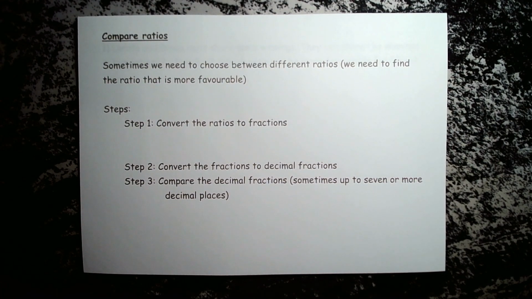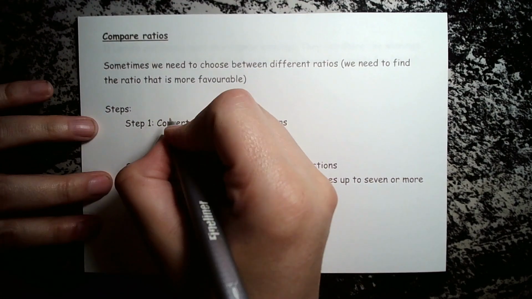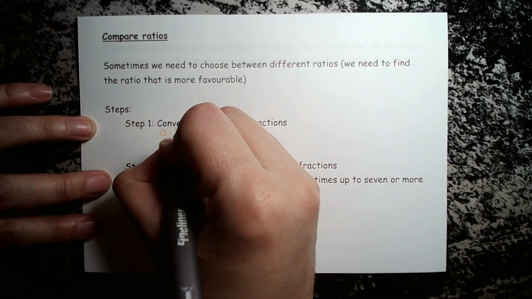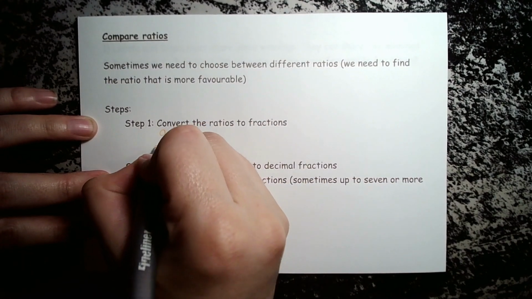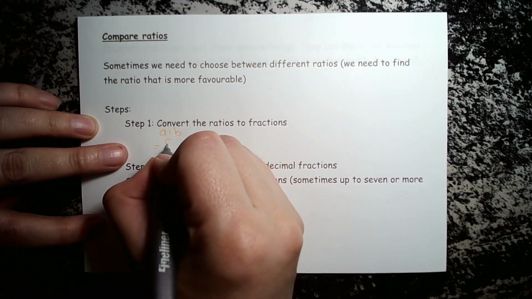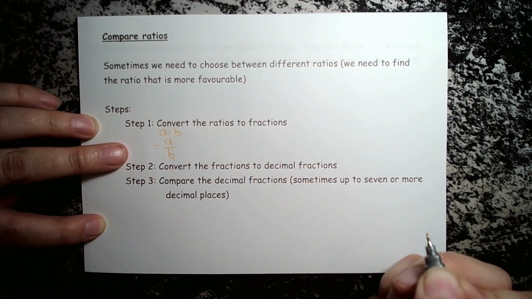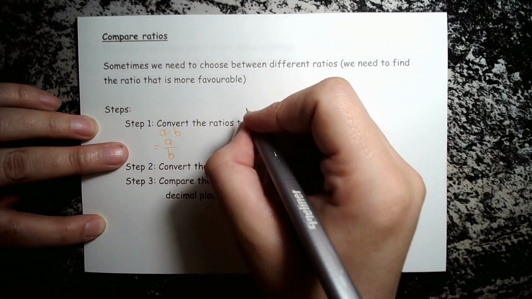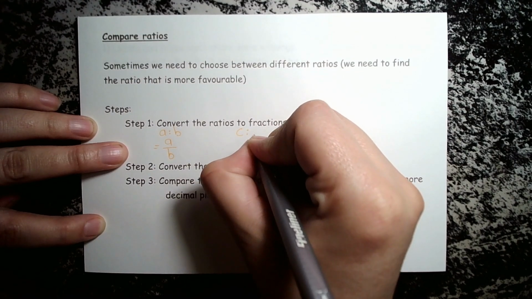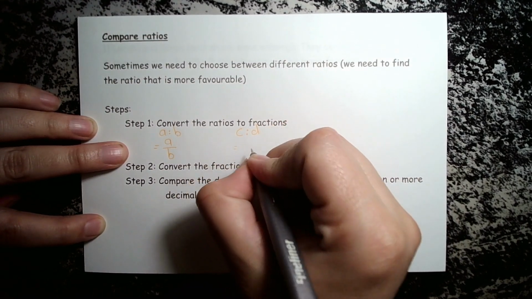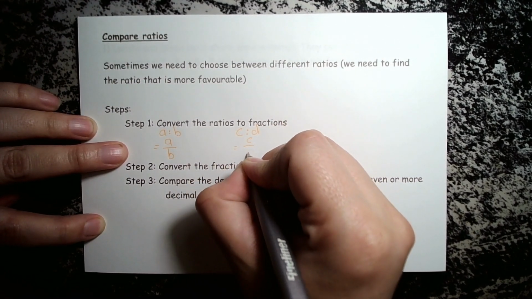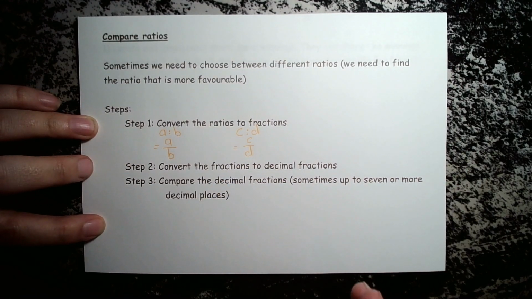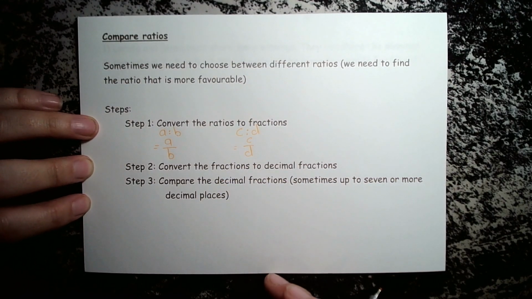Firstly, you need to convert the ratios to fractions. How will you do this? If the ratio is given A to B, that would be A over B. The second ratio would then be C to D, and you would put that C over D, always in the same order.